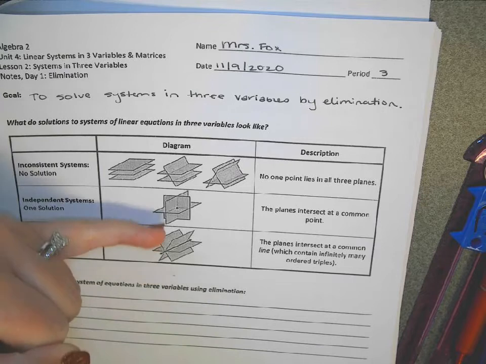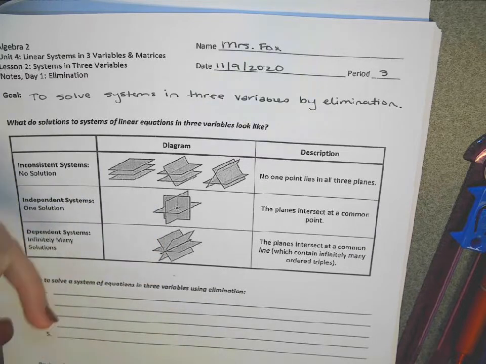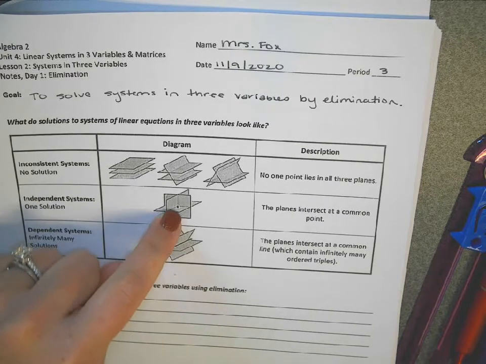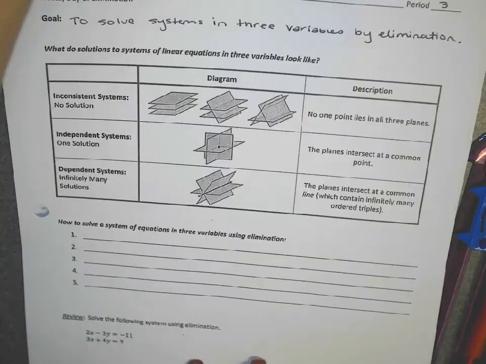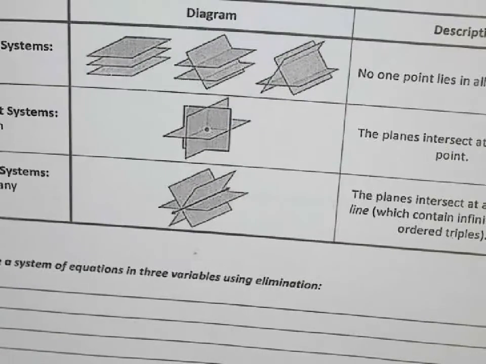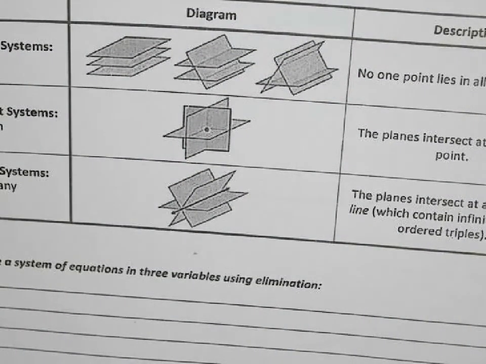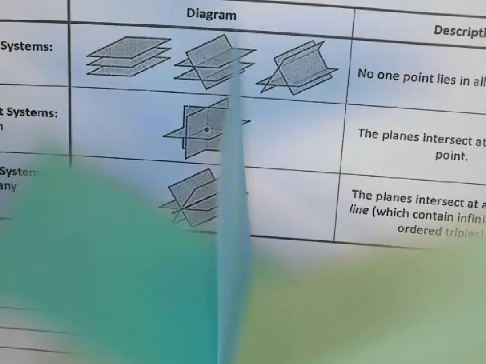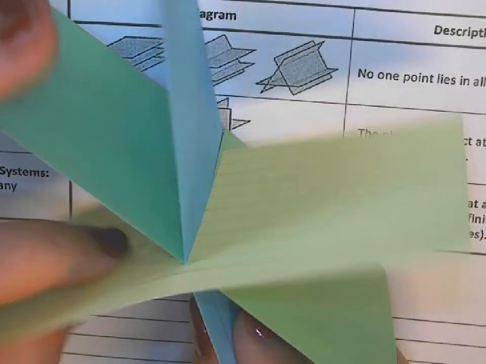When there's one solution, that means all three planes intersect at one point. You can see the point that is highlighted there where all three planes intersect at a common point. Okay. If they have infinite number of solutions, it's something like this, like a fan almost.